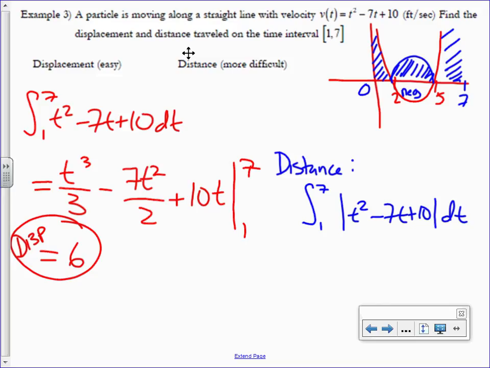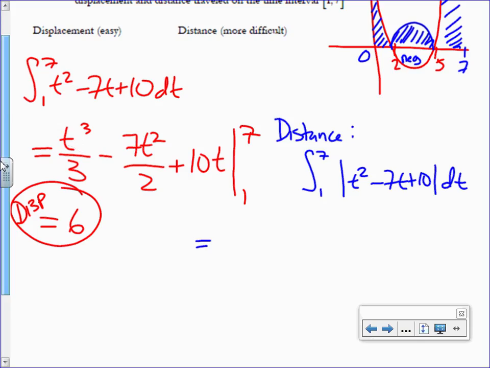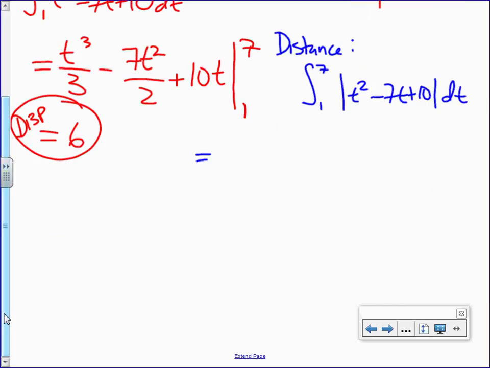and then from 5 to 7, back to normal. So, to find the distance, you're going from 1 to 2, whoops, we want 1, not 0, because it's 1 to 7. From 1 to 2, you just take the normal function, the integral of t squared minus 7t plus 10 dt.